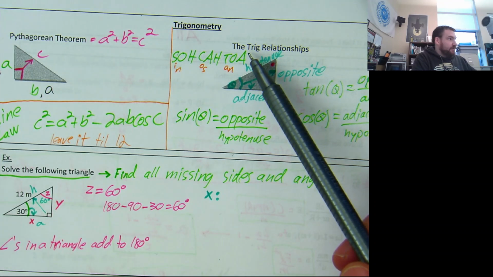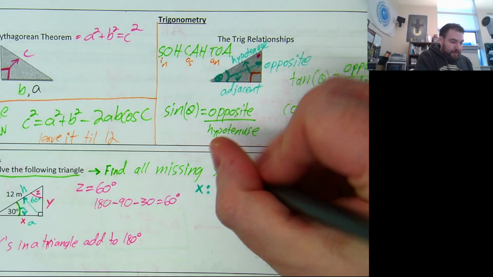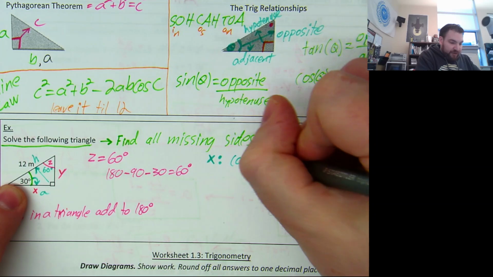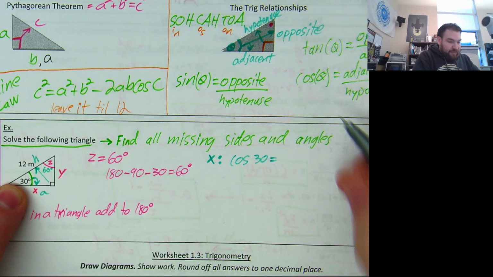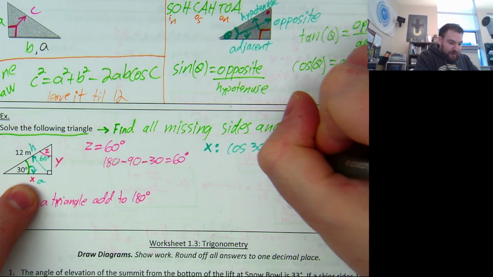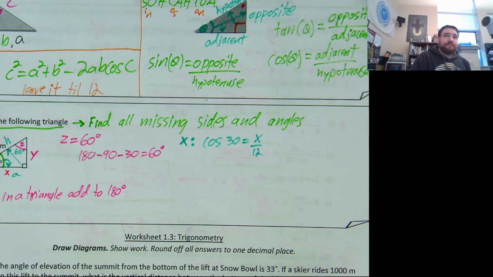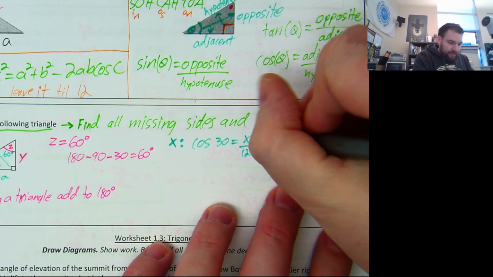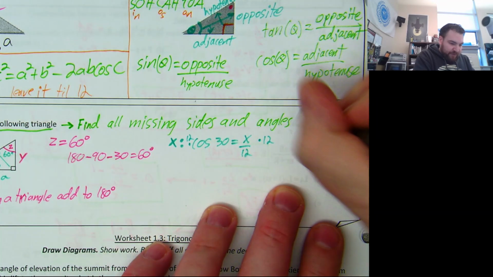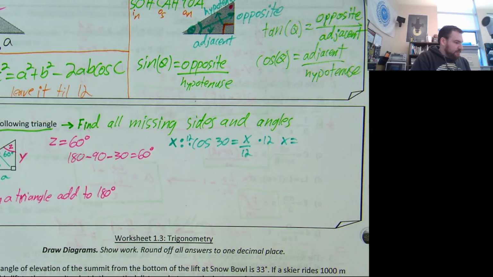Someone said it over here. Cosine. So then the cosine of the angle we're working from, 30 degrees, is going to be equal to, remember it's adjacent over hypotenuse, so it's going to be x over 12. To solve for x, I'm going to multiply by 12, and we're going to get x equals what? Kaylin, I saw you pull out a calculator.